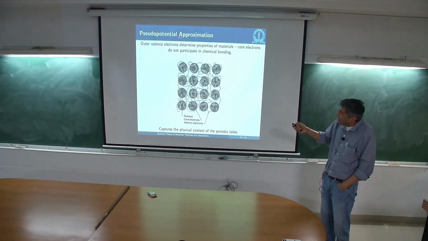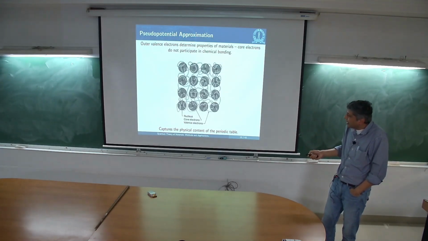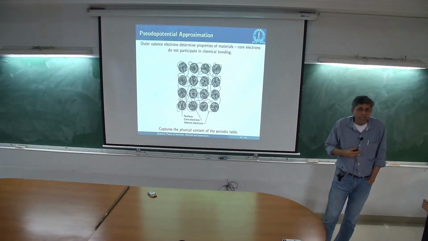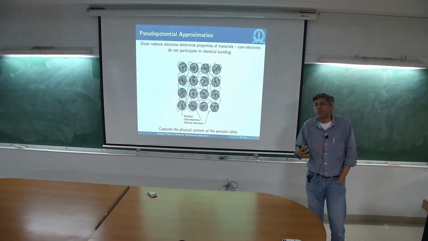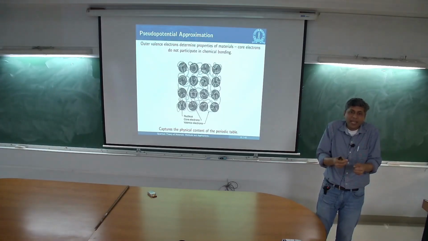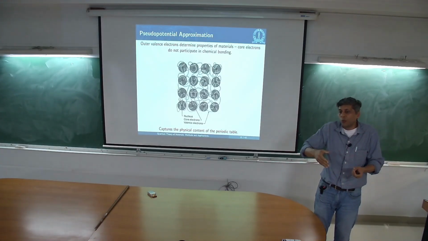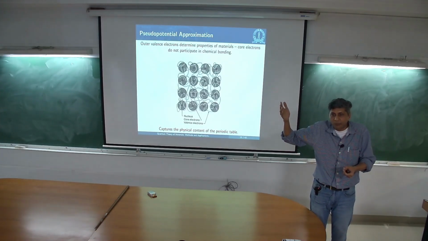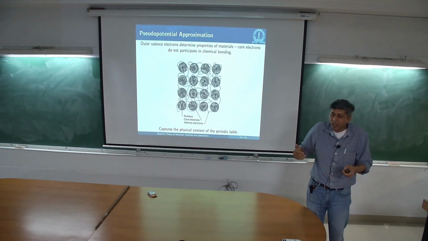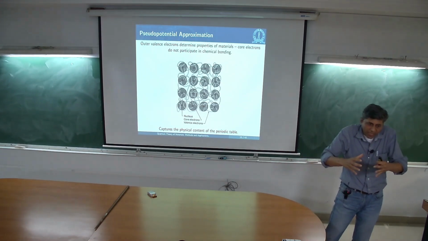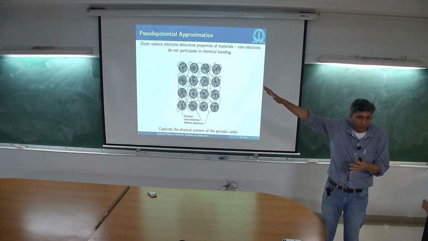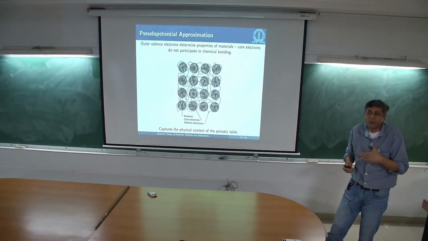So this idea is basically captured in the idea of a pseudopotential, where you say that look, eventually the core electrons are all static, they don't do anything. If I ask you for the potential for an atom, you will all say it is minus z over r, right? Z is the atomic number. But if I say, okay, now why don't I remove all the core electrons and only keep the valence electrons in my calculation, you have to now come up with a new potential.